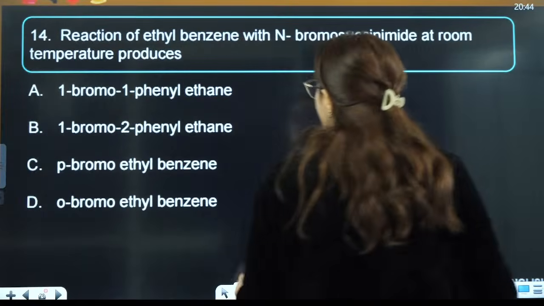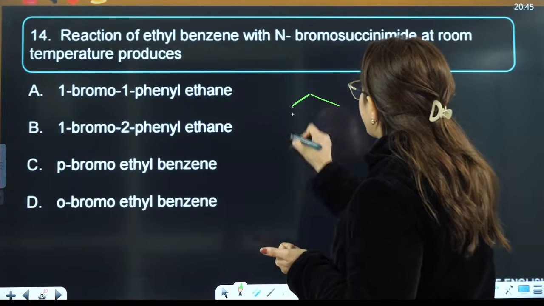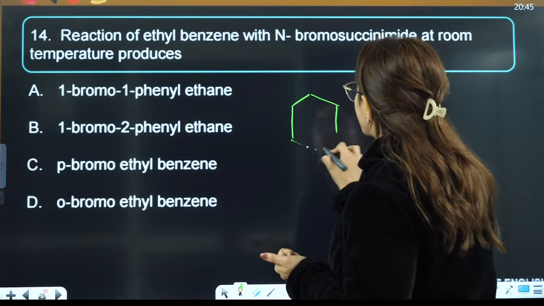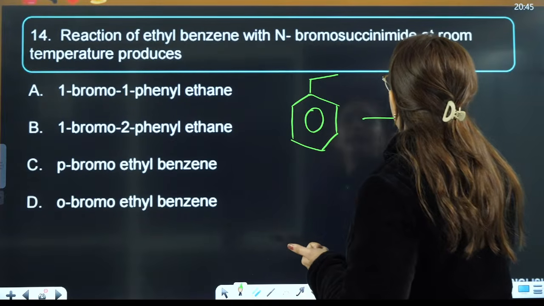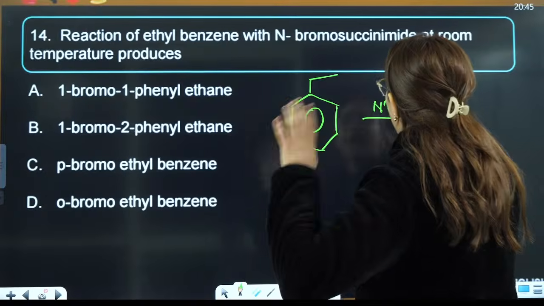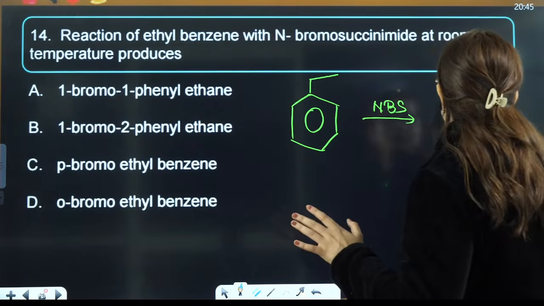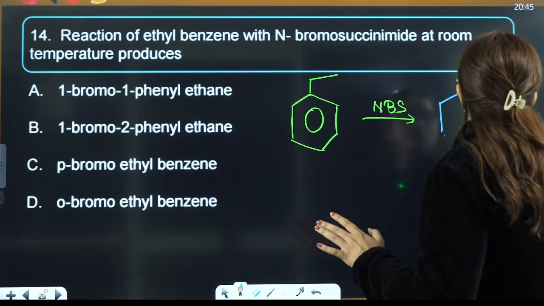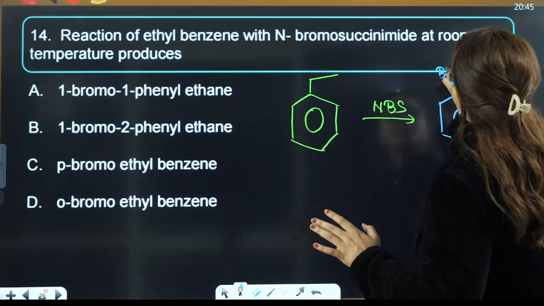Next is the reaction of ethyl benzene with N-bromosuccinimide. If you see ethyl benzene, this is benzene, and ethyl means this. Now they are saying N-bromosuccinimide. We know that NBS substitutes hydrogen at the benzylic position. So this is benzene, and what you have here will be substituted by bromine.